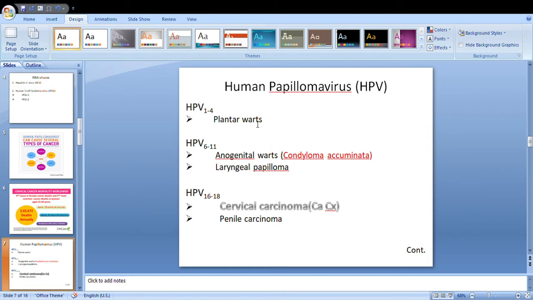So the different serotypes of papillomavirus are causative agents of different neoplastic growths, and the human papillomavirus 16 and 18 are the most important. Females are at the higher risk of carcinoma of the cervix.